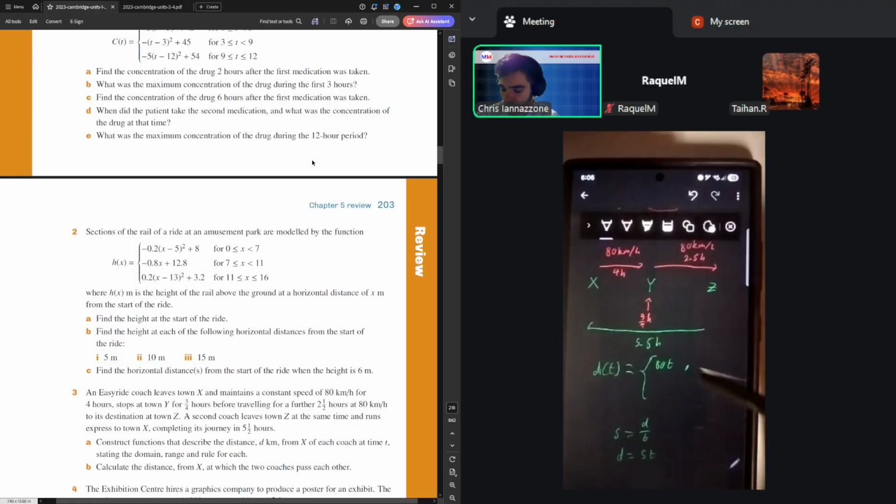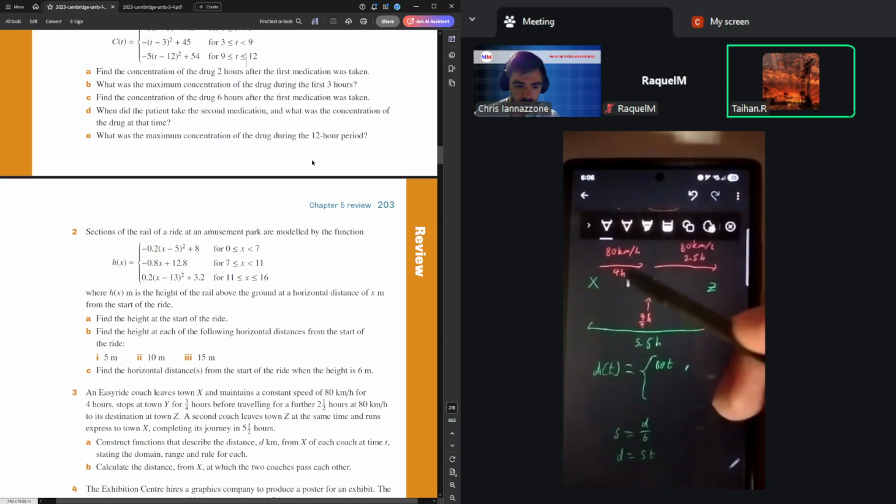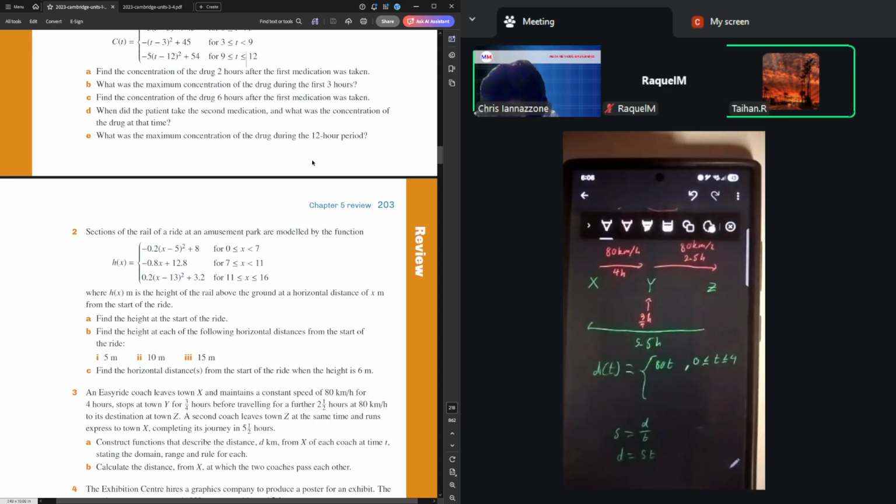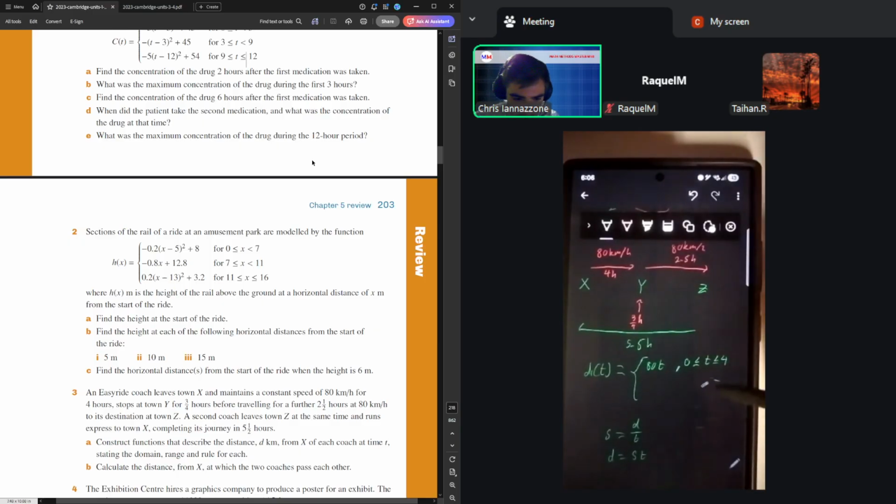But with the piecewise, you tend to want to focus on little sections at a time. So it'd be 4. We're going to do something like 0 to 4 for that one there. You can make it inclusive or exclusive. Just make sure that if you make one inclusive, make the other one exclusive. By convention, they'll typically leave it off that way, but both are technically the same.